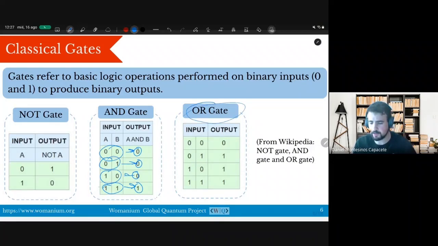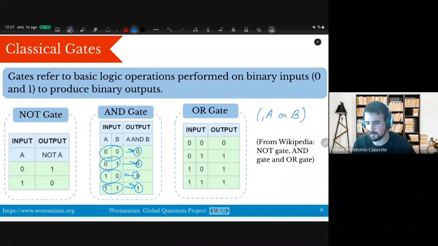Also, the OR gate, this is just A or B. I mean, in order to be true, you only need A to be true or maybe B, right? I guess it's quite self-explanatory. They can be both true, and that will still work.